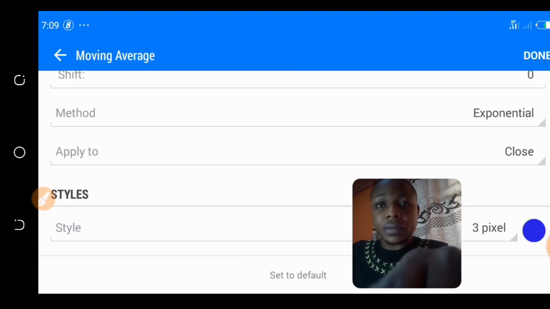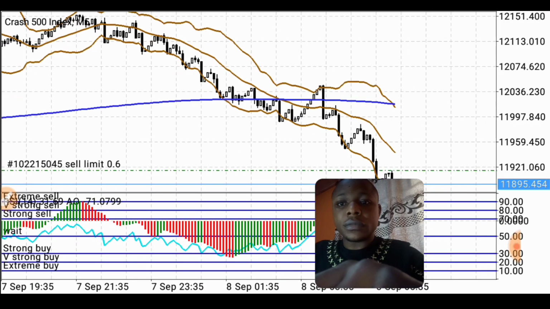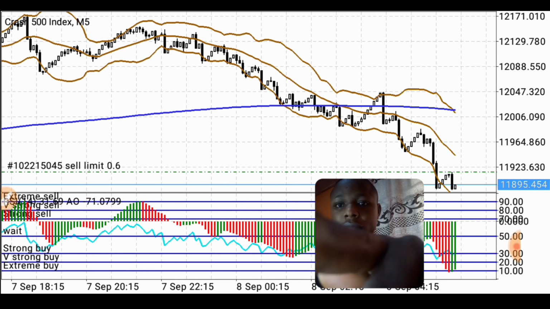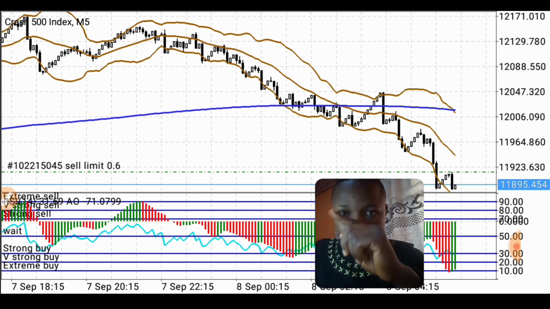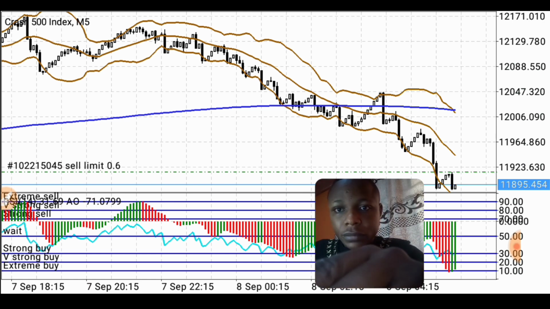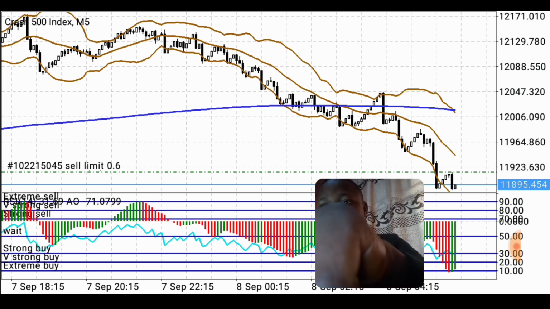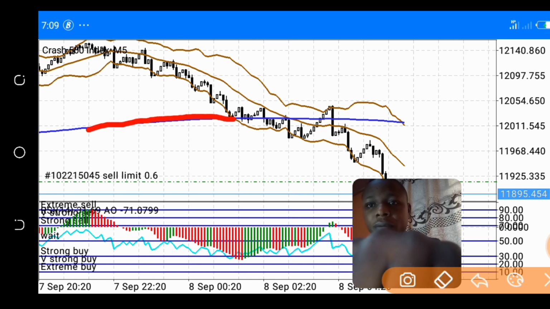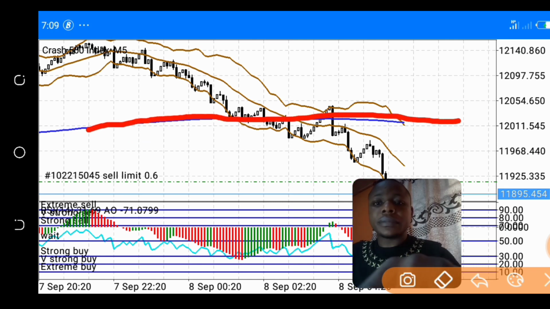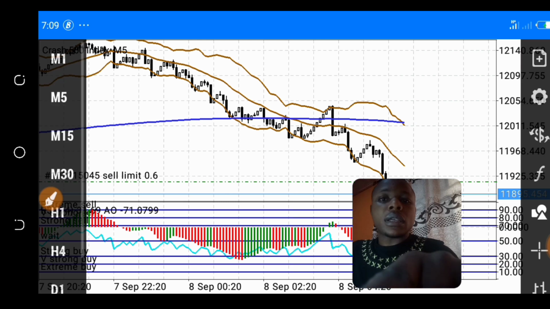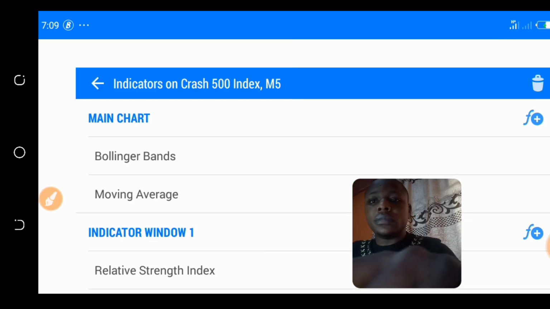Done. This is the EMA 500. The EMA 500 is the blue line. You can see it.